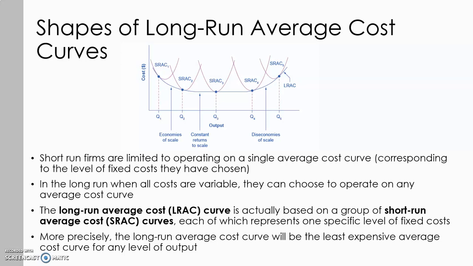More precisely, though, we could say that it'll be the least expensive average cost curve for any level of output, because in the long run, a firm can pick and choose between different technologies. It can open or close extra factories, it can install more or fewer machines, and it can optimize its production level.